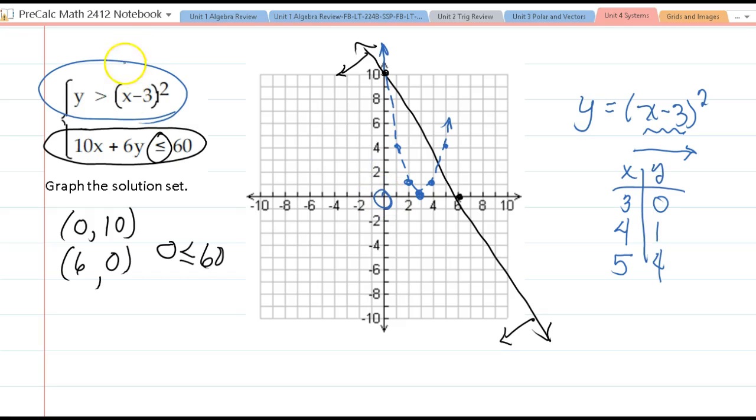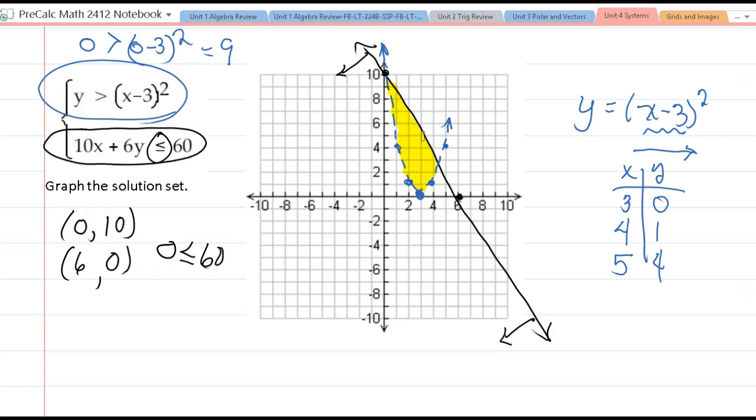When I plug in x equal to 0, I get negative 3, then I square it. That gives me positive 9. And the question is, is 0 greater than 9? And the answer is no. We're going to actually shade the location where our origin is not located. So we can see that it's going to be inside here.